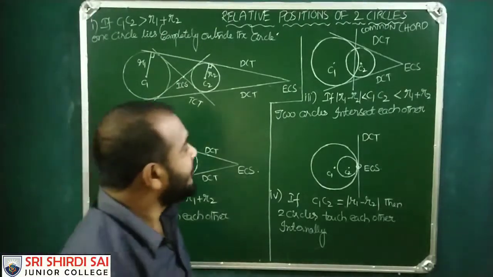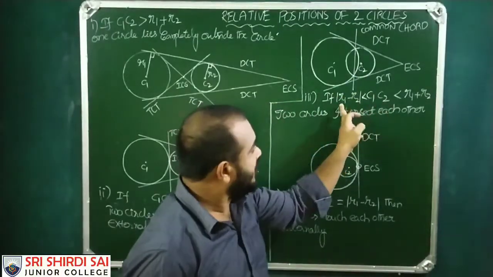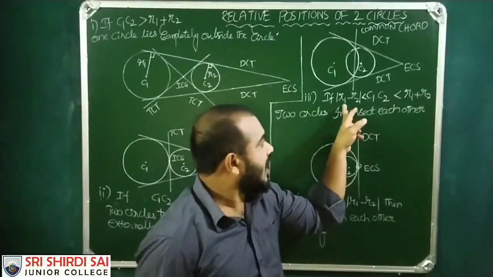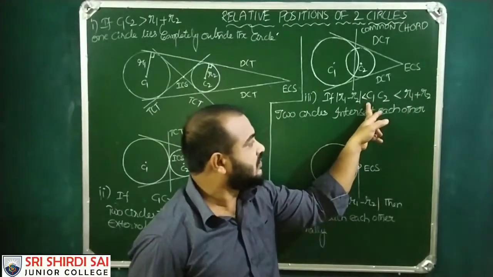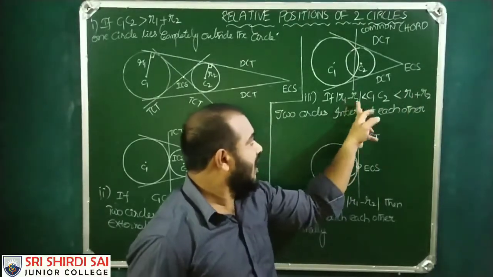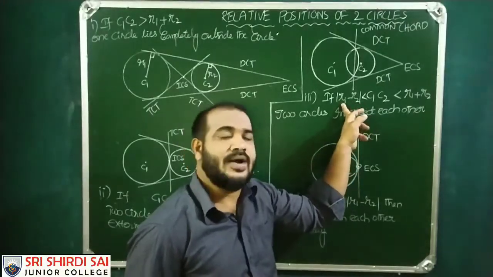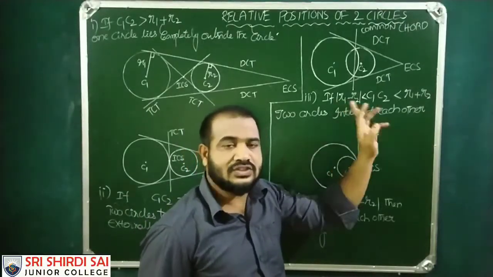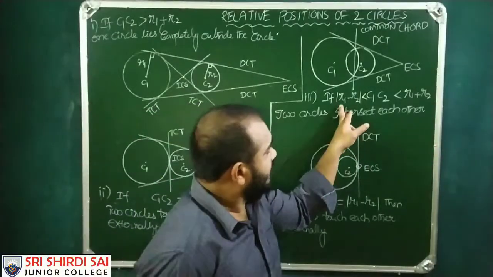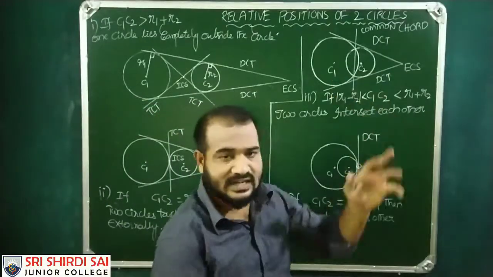This point of contact is called the internal center of similitude. And if C1C2 lies between the difference of the radii and the sum of the radii, that is R1 minus R2 is less than C1C2 which is less than R1 plus R2, where R1 minus R2 may be R2 minus R1, whichever is greater comes first, then the two circles intersect, cutting each other.